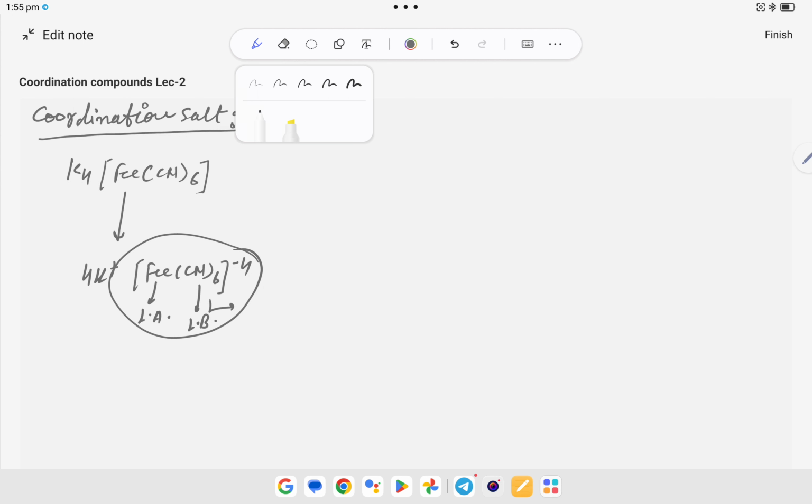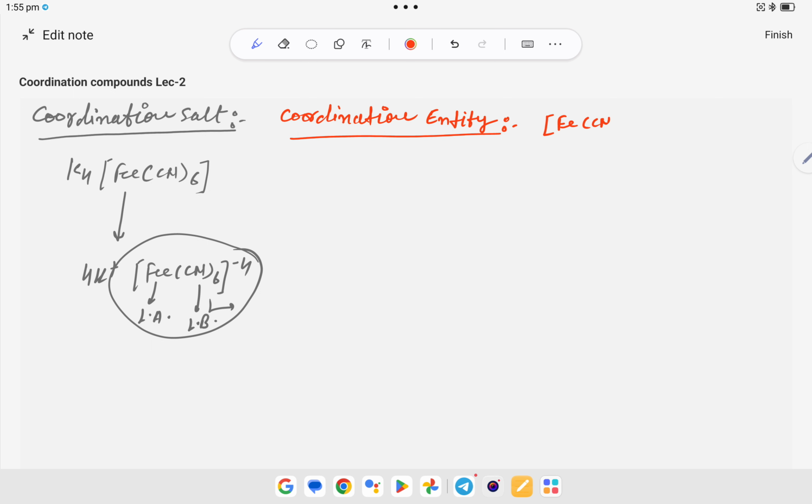Today we are going to discuss this only, the coordination entity. What is the coordination entity in this case? This square bracket species is your coordination entity.